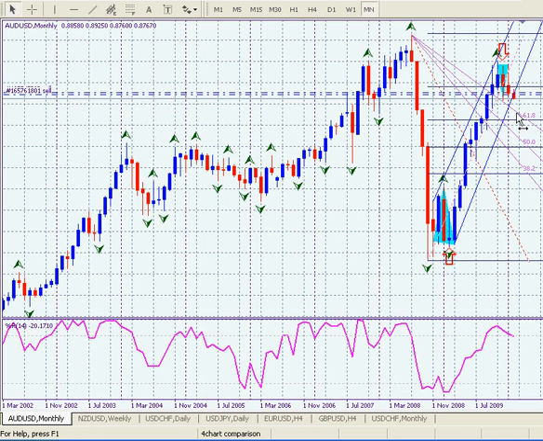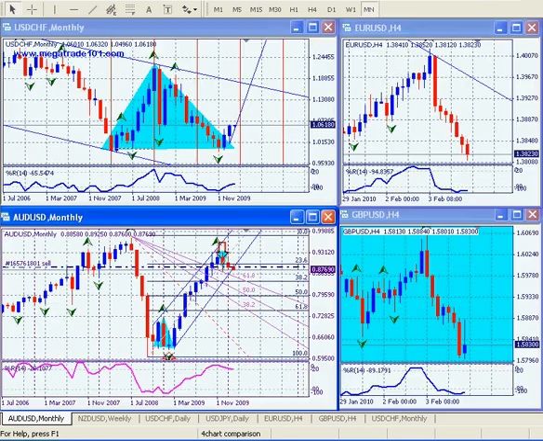So at this point in time, the probability is moving back to the 0.85 level, okay, which is actually only on the 38.2% retracement on the Fibonacci levels.